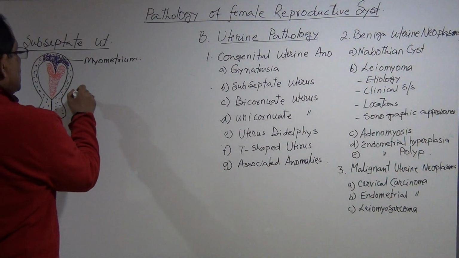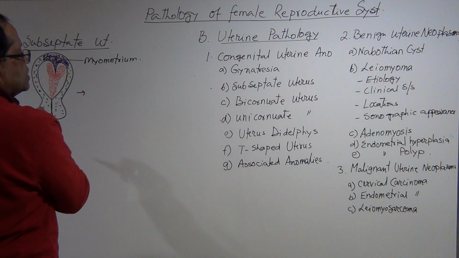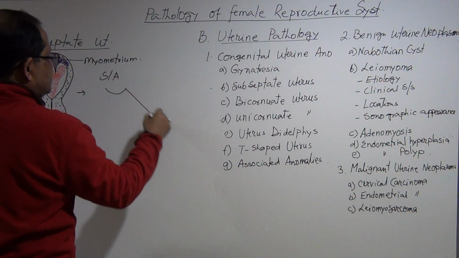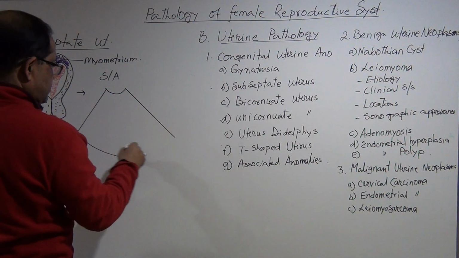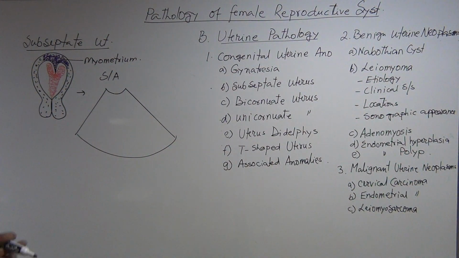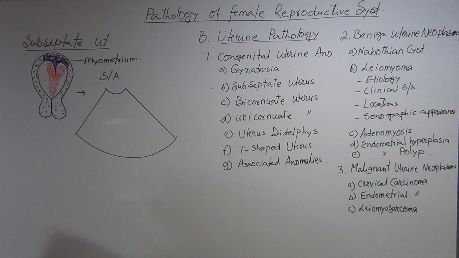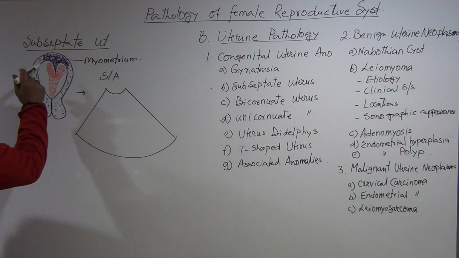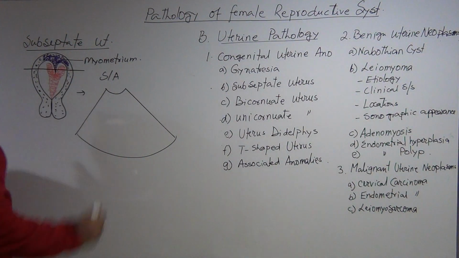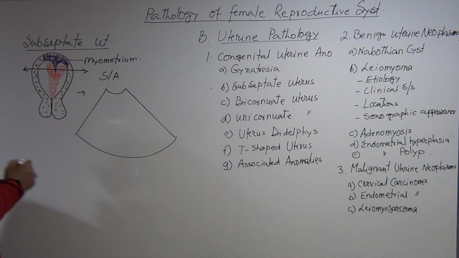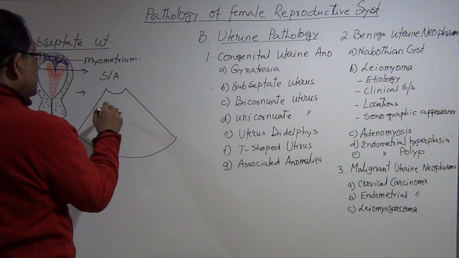So now the sono appearance. How does it look like? If you scan through the fundus, you will see one fundus. But if you scan through this level, then you will see what?